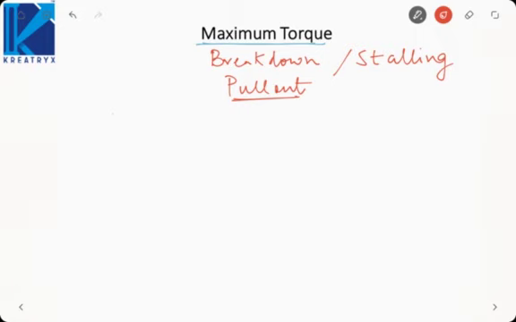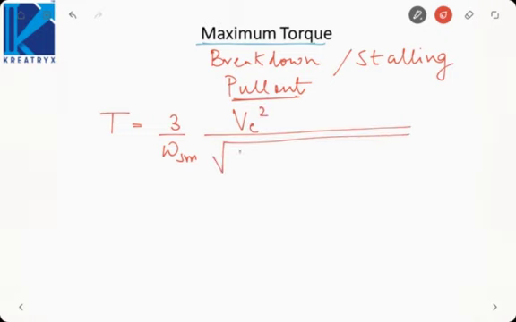Now the torque, the actual expression was given by 3 by omega Sm, then VE square into R2 dash by S, divided by (RE plus R2 dash by S) whole square plus (XE plus X2 dash) whole square.